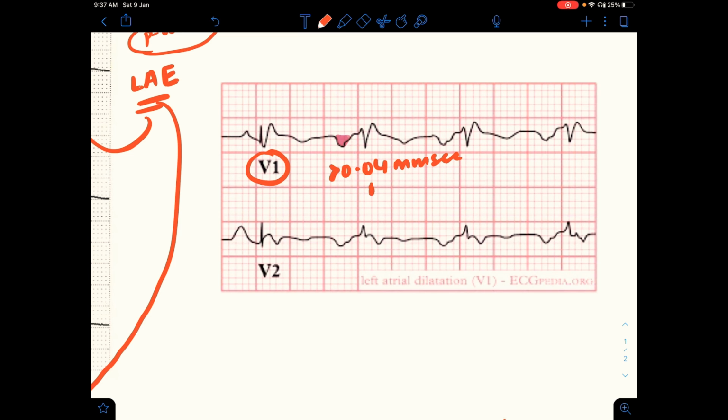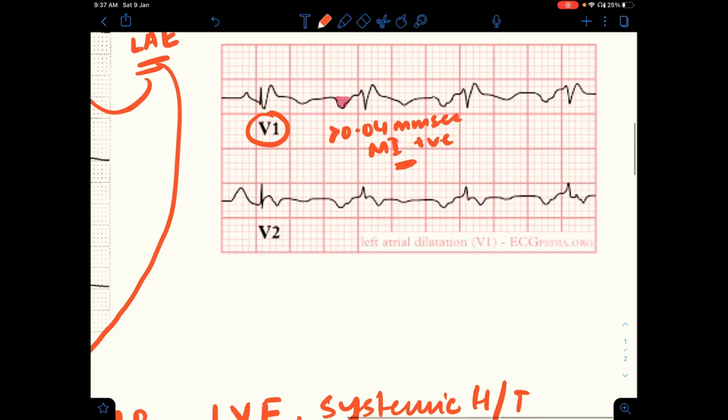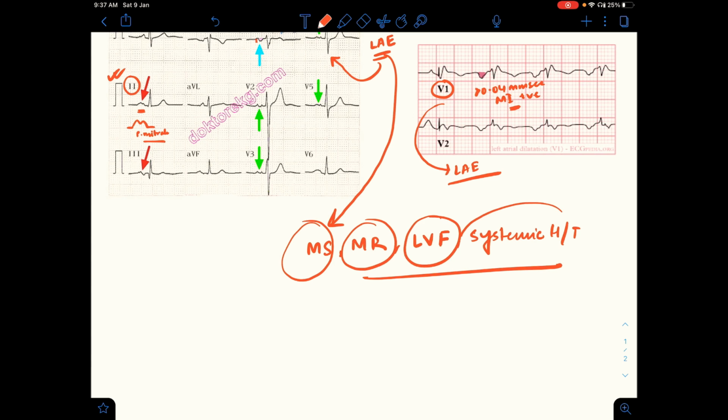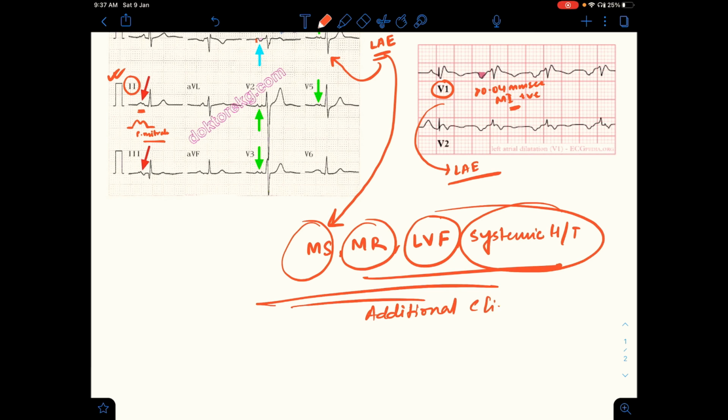So it's Morris index positive. Again it's a case of left atrial enlargement, and the reasons can again be mitral stenosis, mitral regurgitation, left ventricular failure, or systemic hypertension. We have to look at the additional clinical scenario given, meaning the signs and symptoms of the patient.